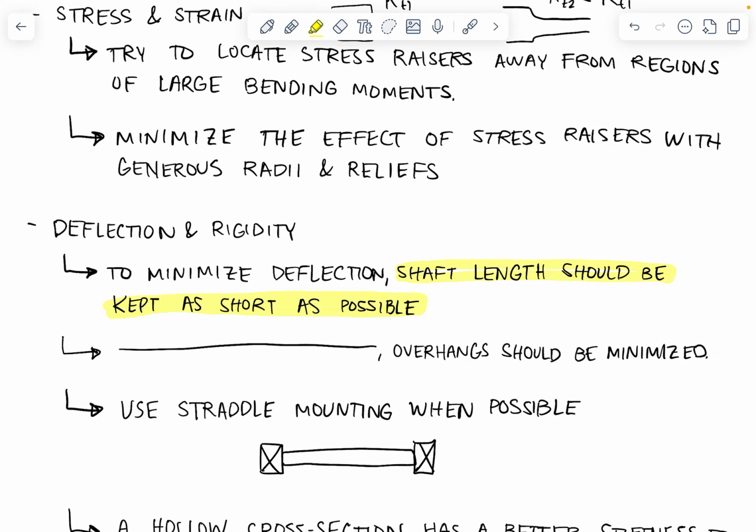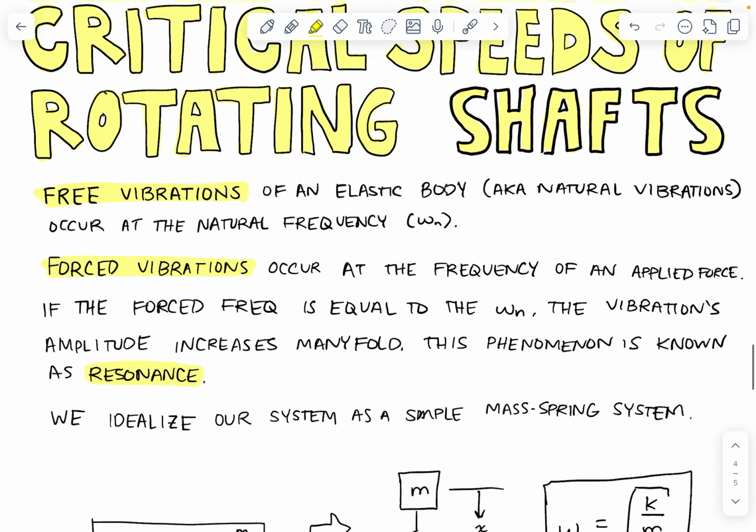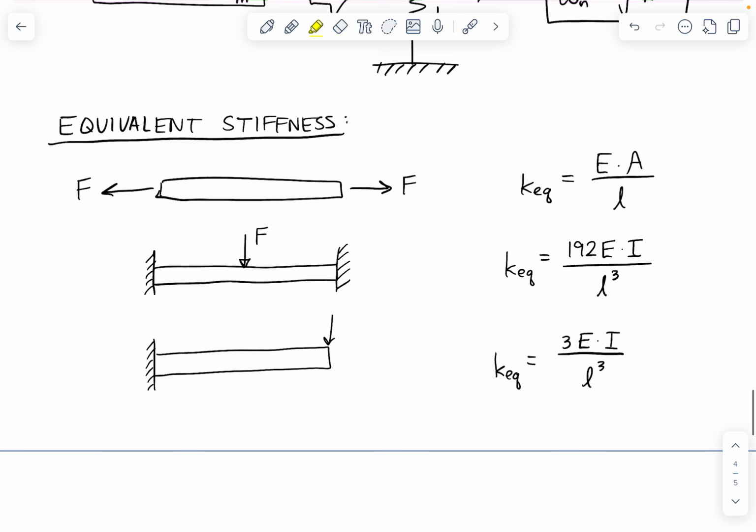Now that we have this equivalent stiffness, we can see exactly why. If this length is made smaller, our stiffness is going to go up, which means that for the same amount of load, we're going to get less deflection because we have a higher stiffness.